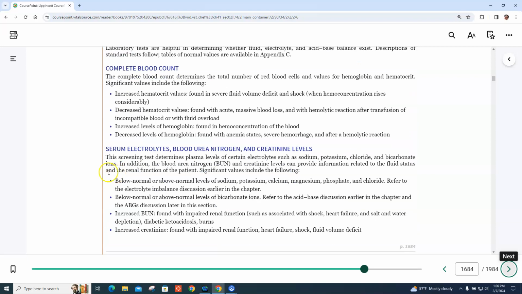Then I want you to look at how some blood levels will increase and decrease based on the fluid status of the patient. An example here: increased hematocrit is found in people with severe fluid volume deficit and shock. A decreased hematocrit can also be found with somebody having massive blood loss. Hematocrit is the percentage of blood found in the vessels.